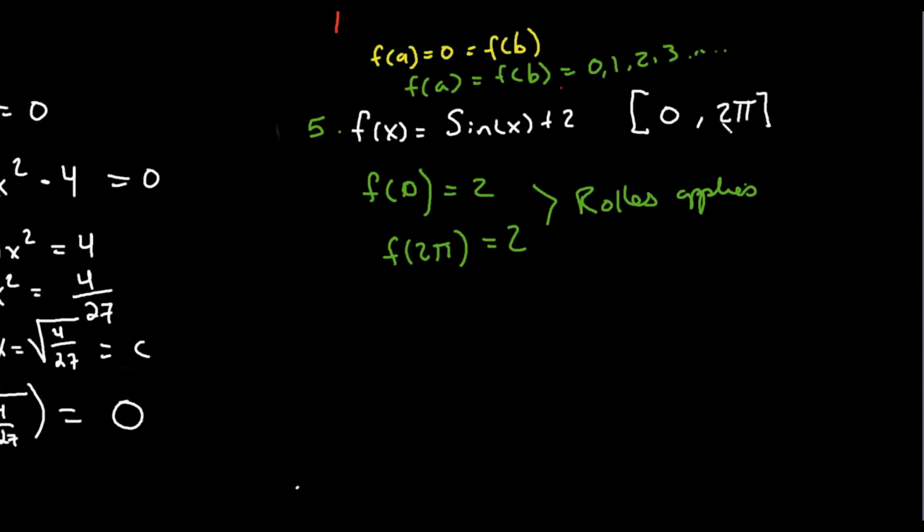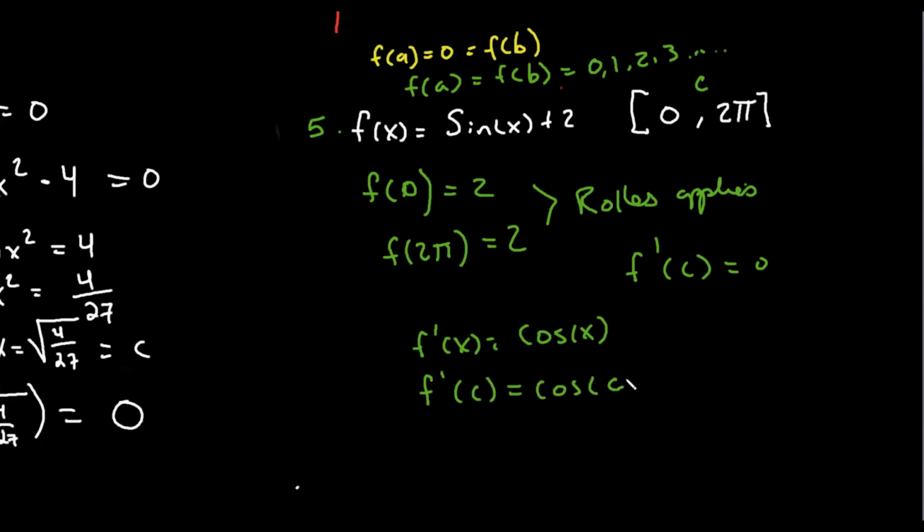So there must be some value c such that f prime of c equals 0. What's f prime of our function? Just cosine x. So we set f prime of c equal to 0: cos of c equals 0.